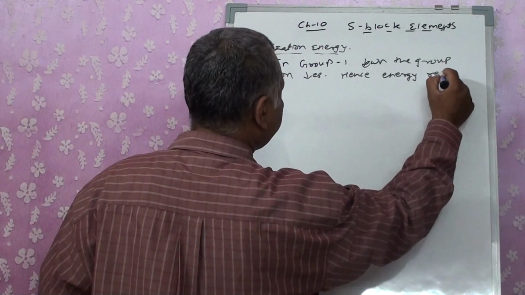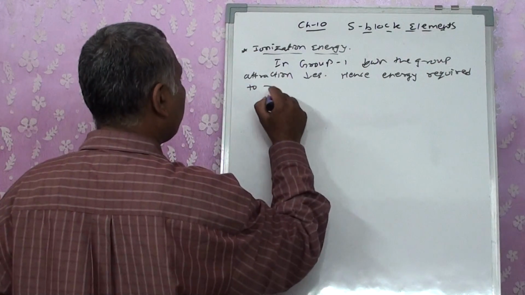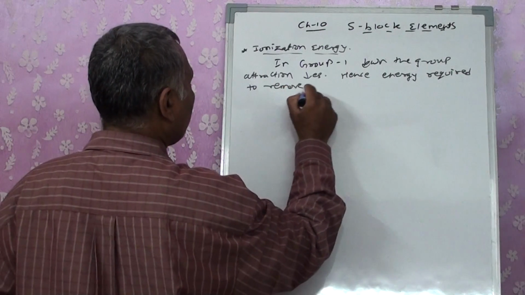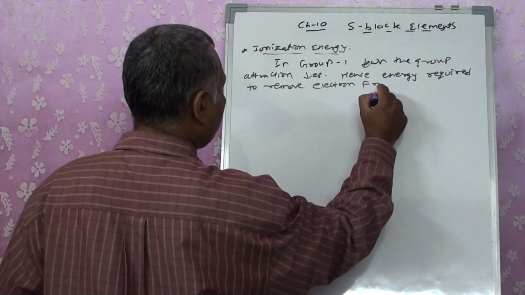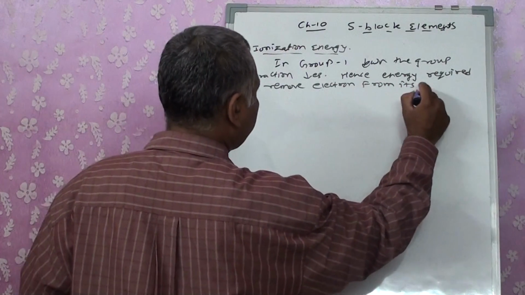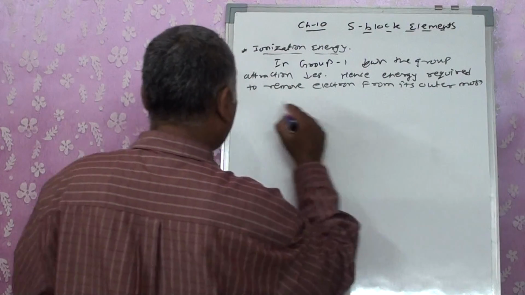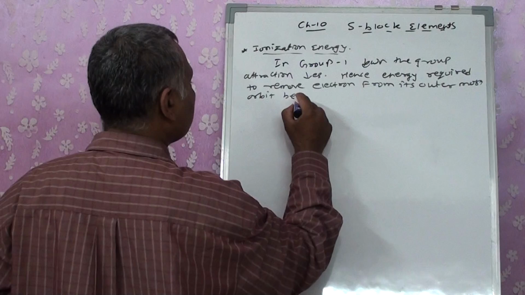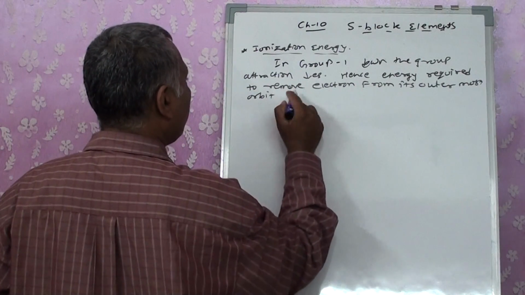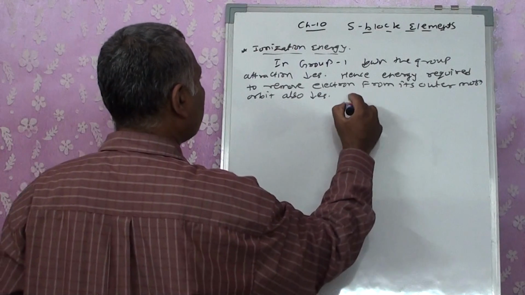Hence the energy required to remove the electron from its outermost orbit also decreases.